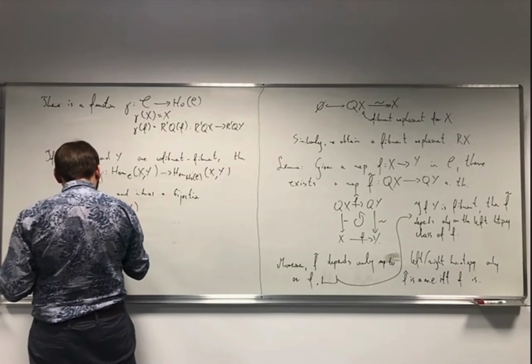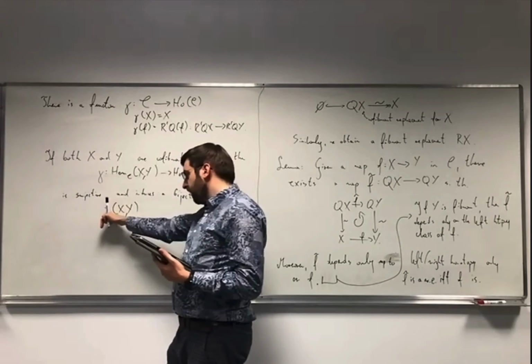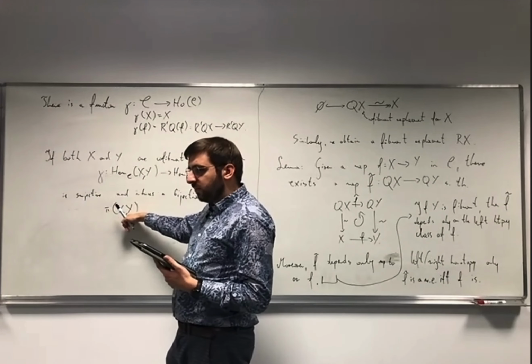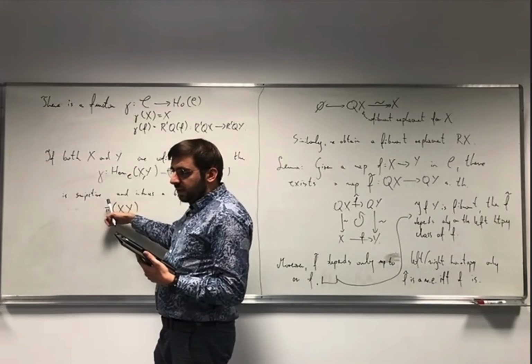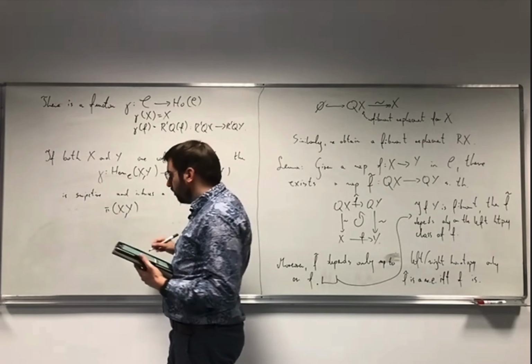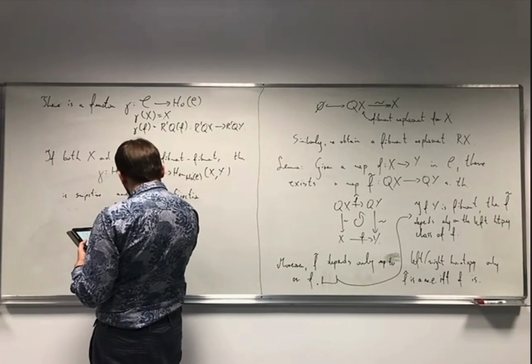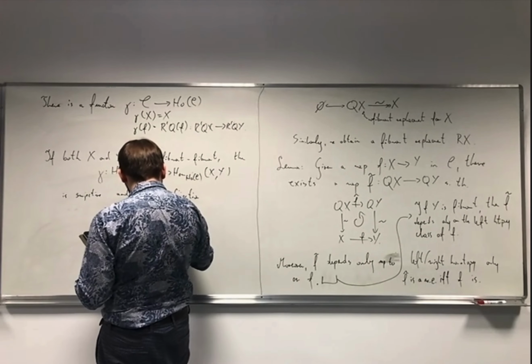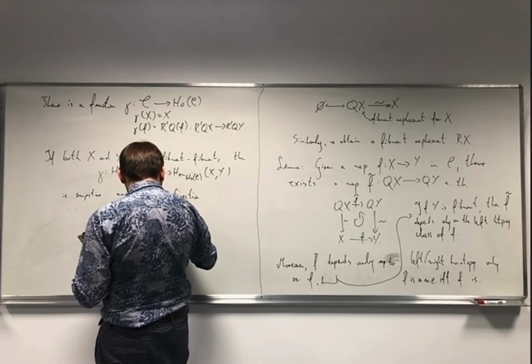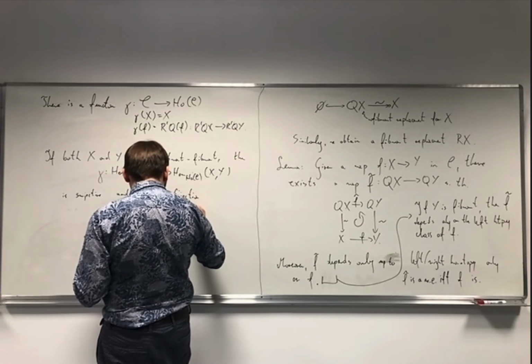Once again, I didn't define this: pi XY means just homotopy classes of maps. Because both objects are fibrant cofibrant, it doesn't really matter whether I take left or right homotopy. Here I have homotopy classes of maps from X to Y.